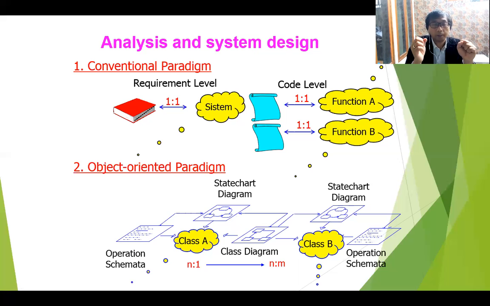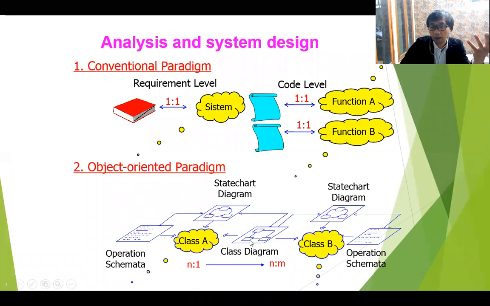Okay, as I already explained, the modeling in object-oriented will be using UML modeling language, or unified modeling language. Okay, where one class can consist of several designs. There are state chart diagram, class diagram, use case diagram, activity diagram, and so on.